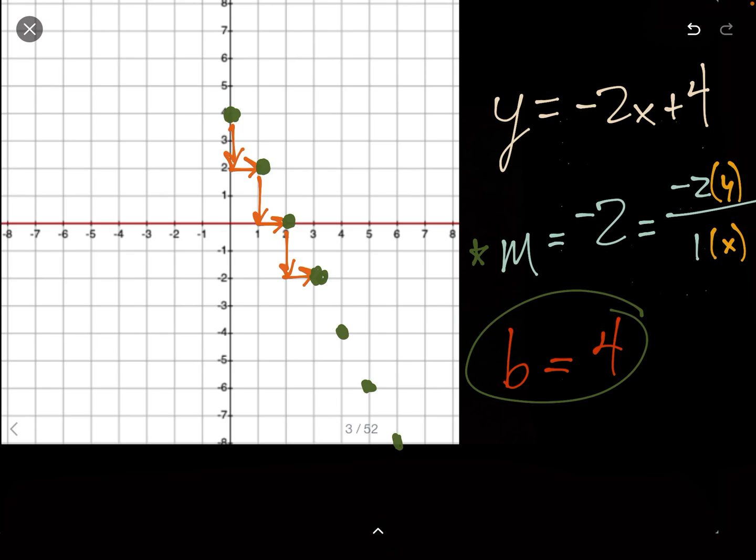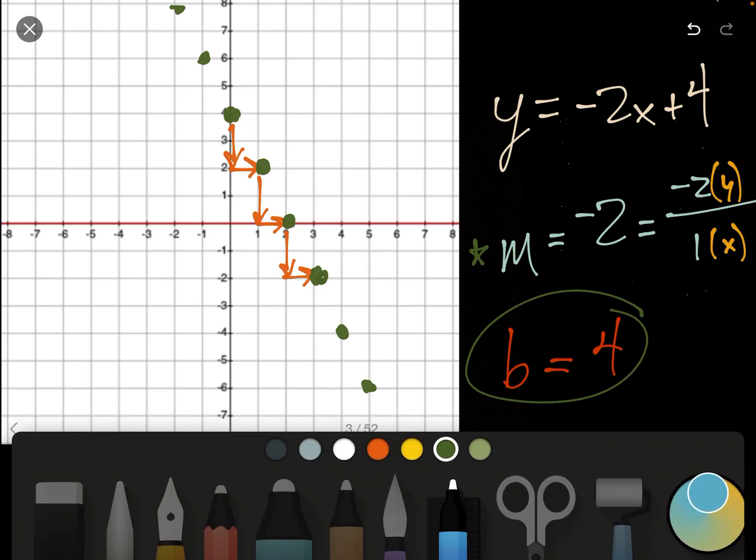Now, you can also go the other direction, like I did earlier with the last example. If I go +2 on my y, so let's say I go up 2, I still have to go negative. I've got to do the opposite with our x. So that'd be a -1. I mean, I go left 1, so I'll go +2 and left 1, and again, those will all be points along the same line of our equation.